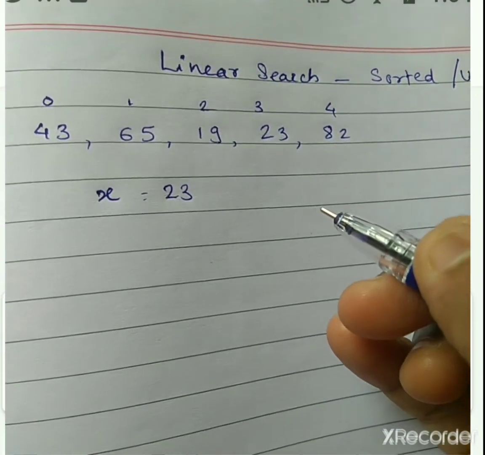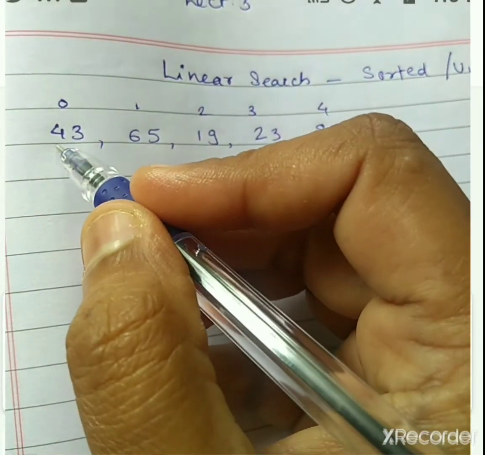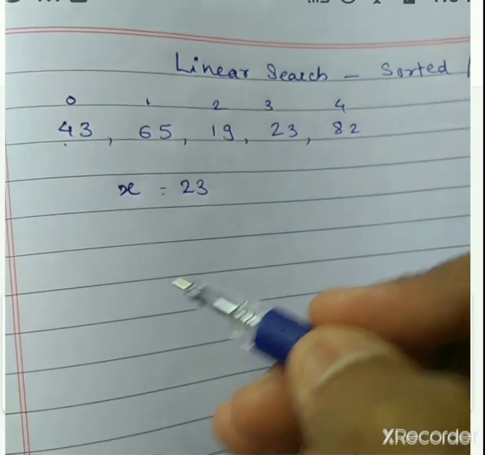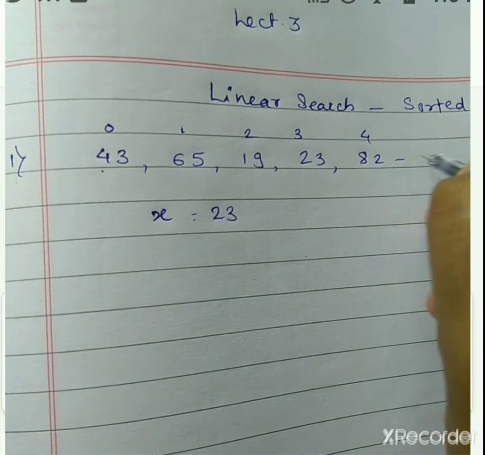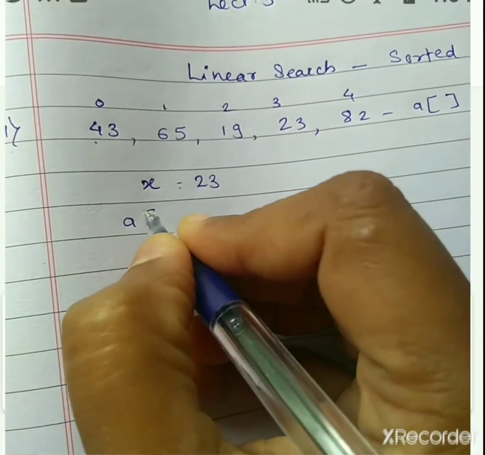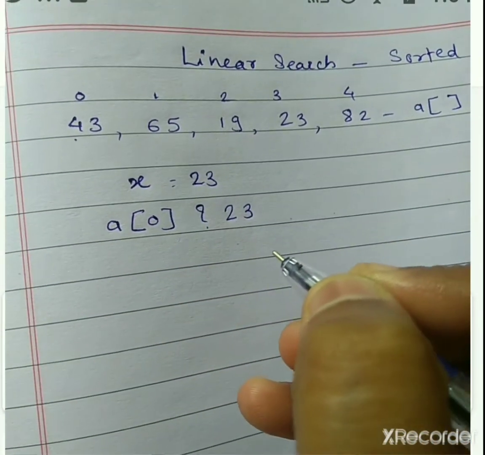So we have to search the element linearly. First of all, we go to the beginning of the array, which starts with the 0th position. Say the array name is A. We compare A of 0 with the element to be searched, that is 23.